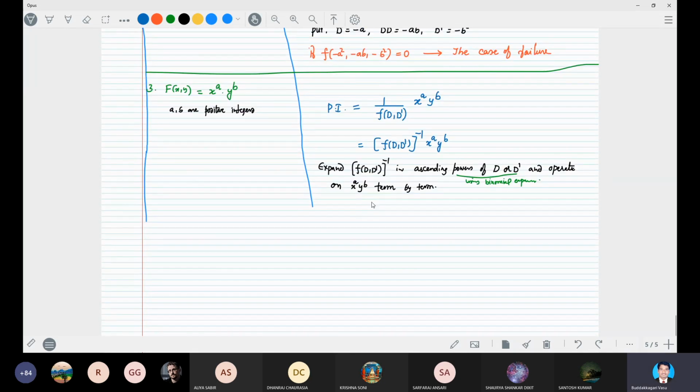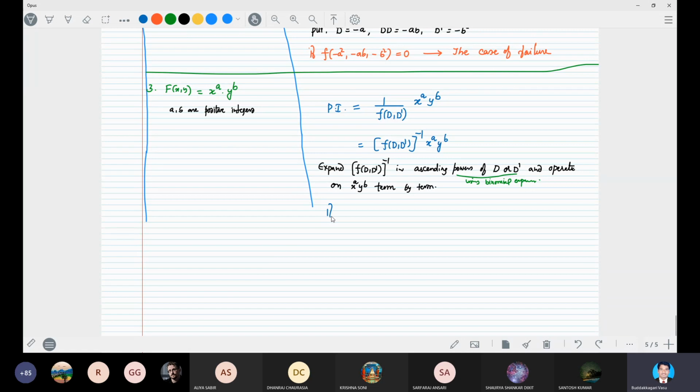Here, I would like to give you one logic which is to be followed: whether ascending powers of D or ascending powers of D dash are to be taken. There may be a little confusion among people, and that can be avoided with this explanation.